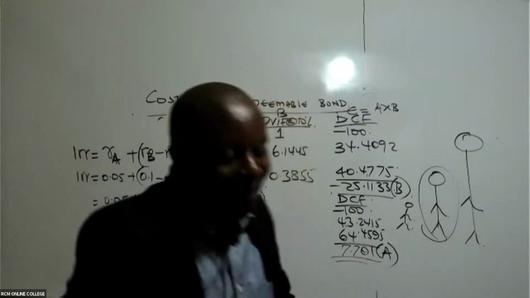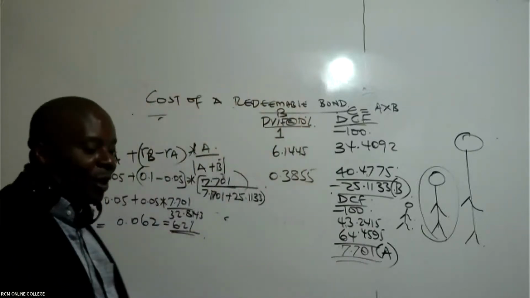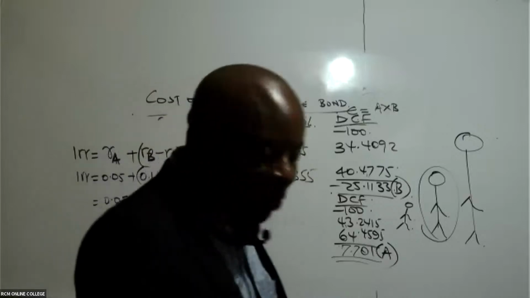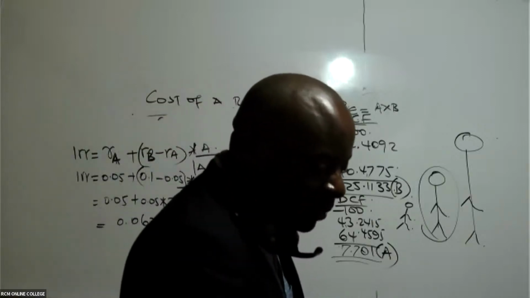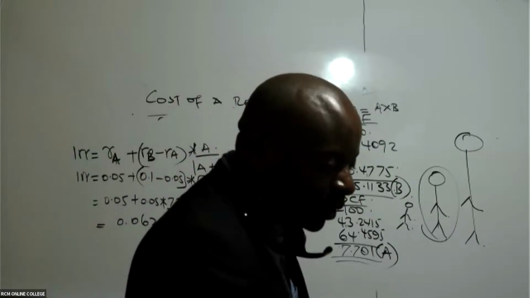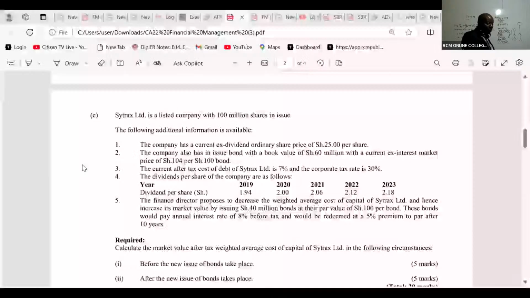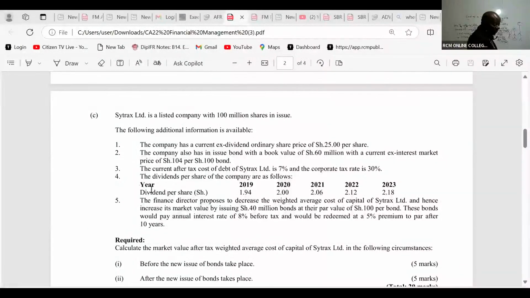All right. So this is okay, but remember what they want us to do. This examiner was a great examiner. What this examiner wanted my students to do was to calculate the WACC in the following circumstances, after the issue of the bond.